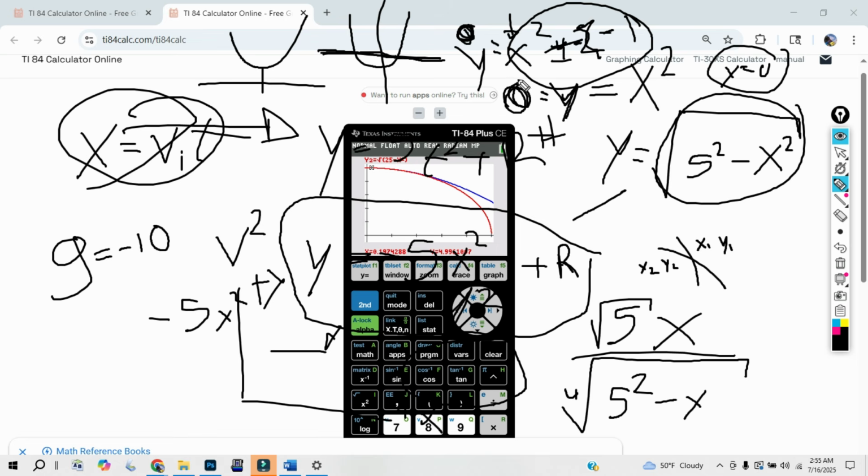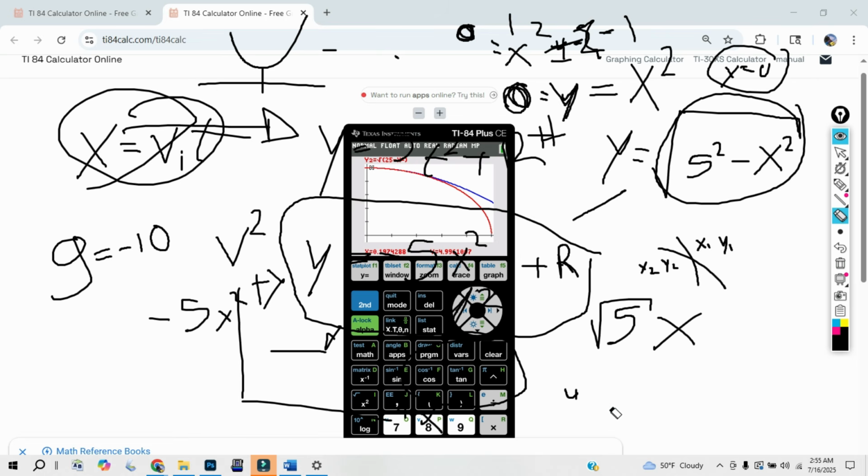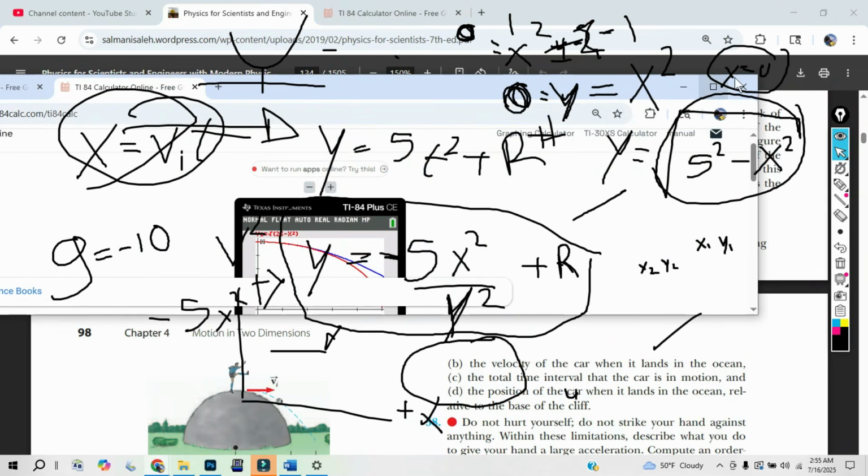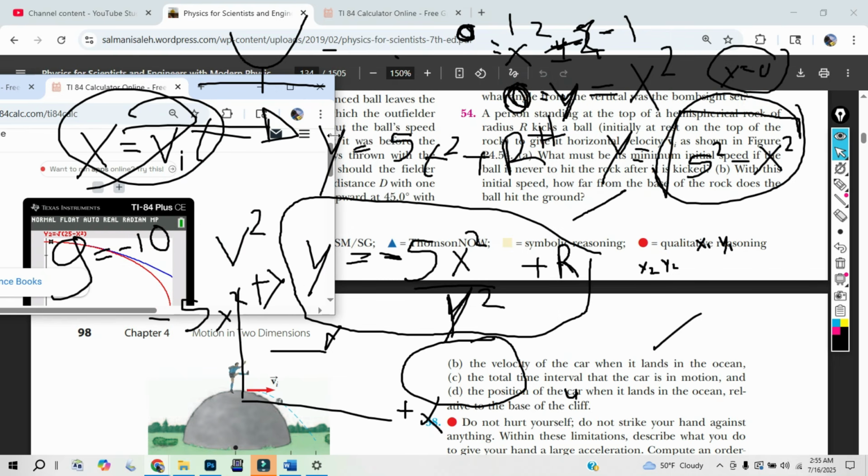But now what we have is two equations. Our equations are this, the equation of a circle, and then we have the other equation, and it's kind of covered by this calculator. So we're going to get this over here.